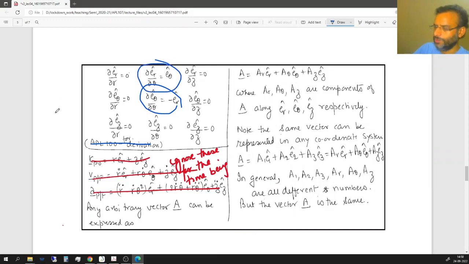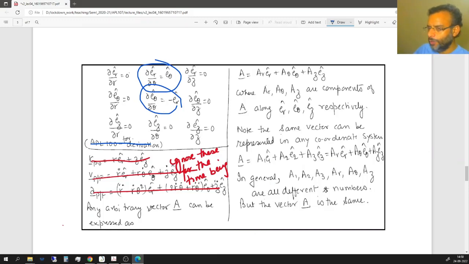Others are still zero. We have to keep this in mind, especially when trying to find expressions like the gradient of a tensor or the divergence of a tensor in cylindrical polar coordinate system. There we have to be careful that these unit vectors at least will have non-zero spatial derivatives.